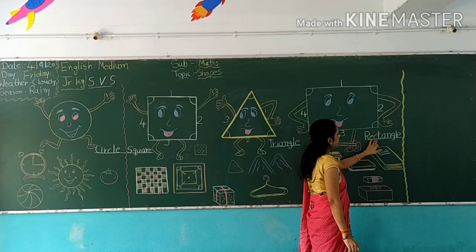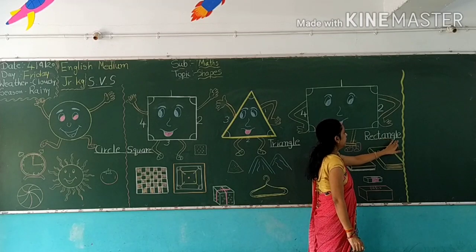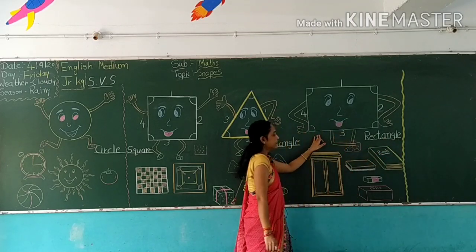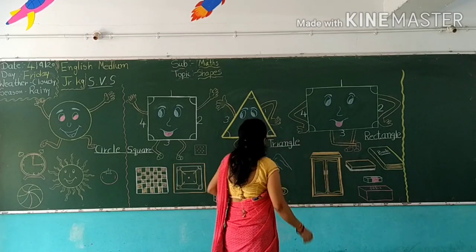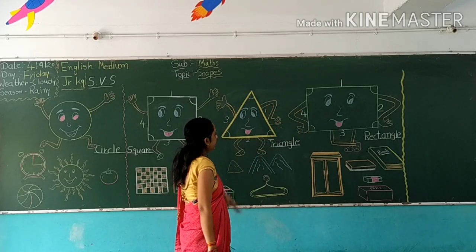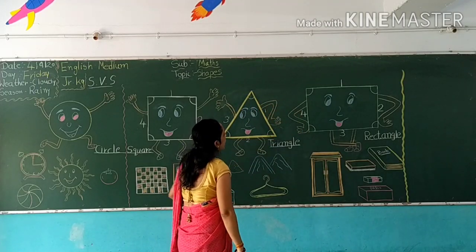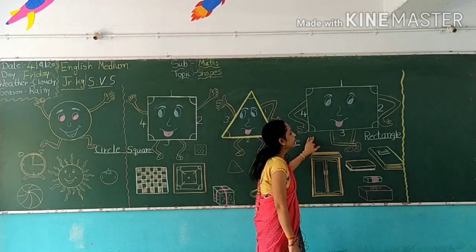R E C T A N G L E. Rectangle. So student, tell me which shape is this? This is a rectangle. Our board is rectangle shape.